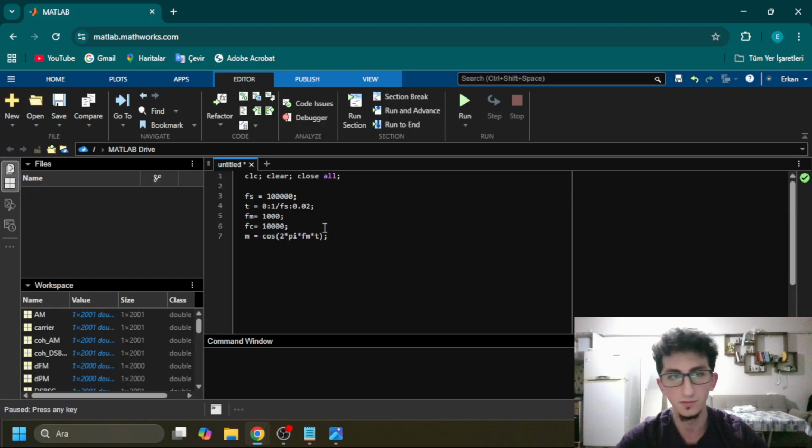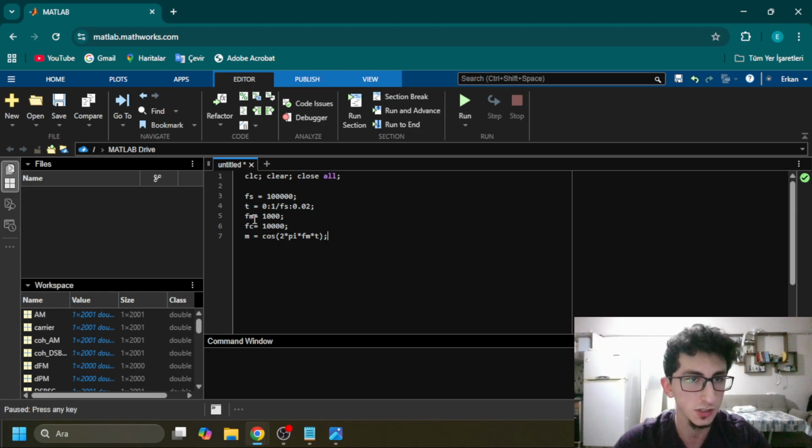In the first part of our code, the basic simulation parameters are defined, as I said. The sampling frequency is set to Fs and it's 100 kilohertz. The time vector is created for duration 0.02 seconds.